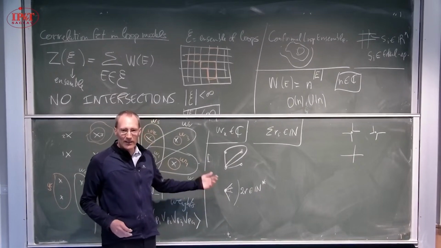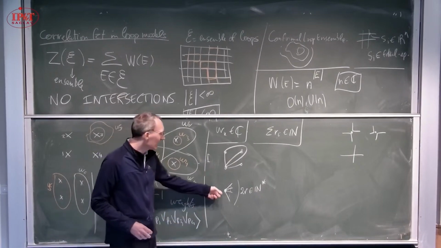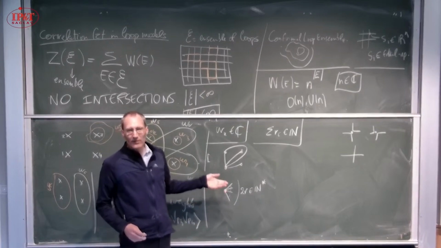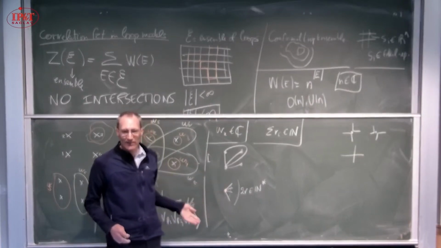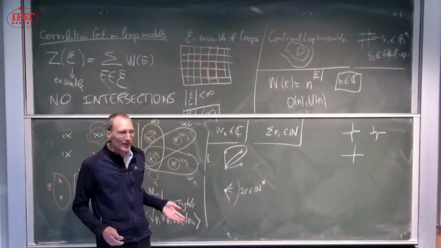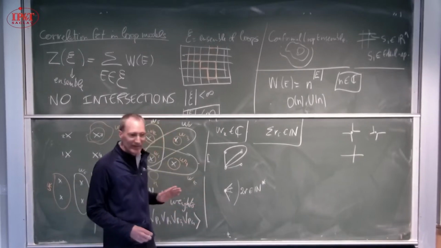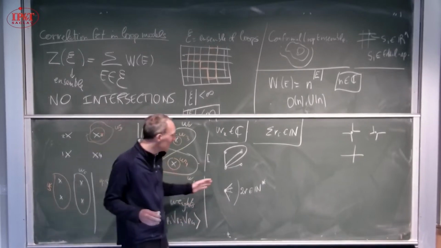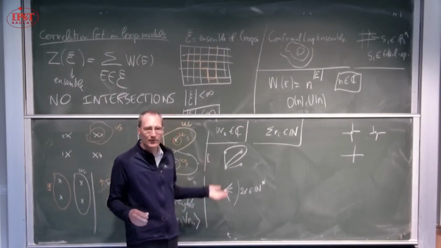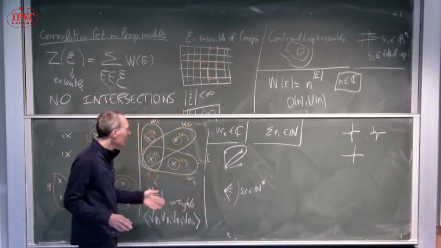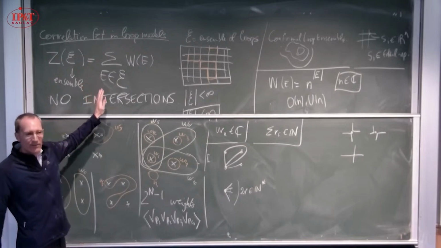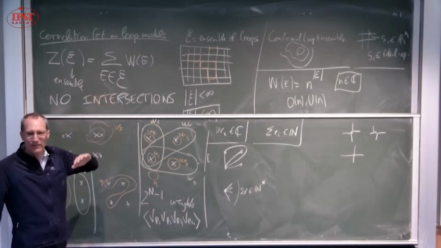Because in any realistic loop model, the loops are not at all smooth like that. The loops are fractal. So it suddenly becomes much more difficult to define the angle. So here I'm making the big assumption that these angles make sense. I mean, I don't claim they make sense for any given loop in a given configuration, but I want them to make sense in the sense of this big sum of all configurations, in the sense that this big sum will have a well-defined limit.